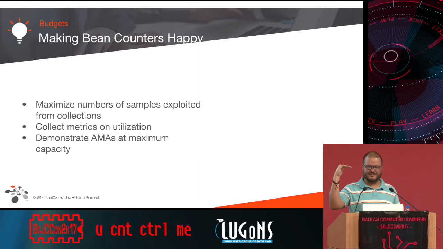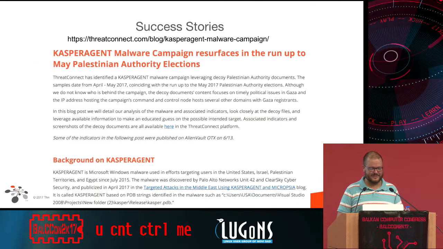And if you can demonstrate with numbers that you're using your resources at the maximum level, you can go to the people that control the money and say, hey, I need more money, because I'm using the money that you're giving me as efficiently as possible, and I can show that I'm doing that. So you can make your bean counters happy.